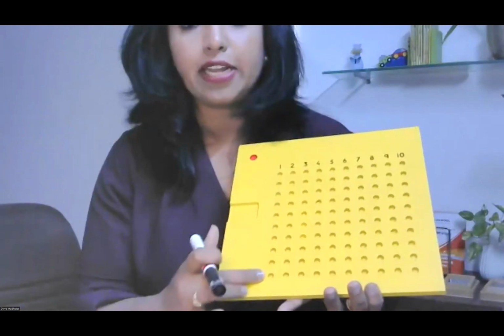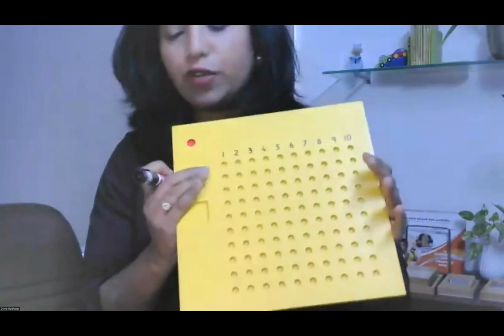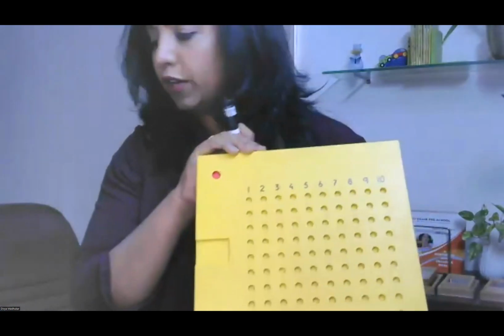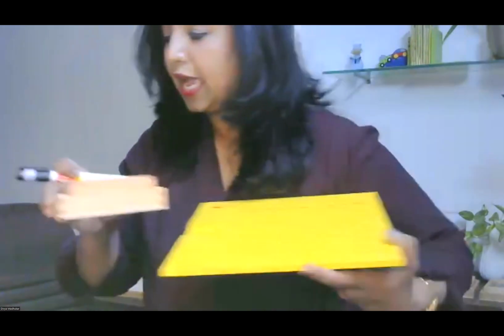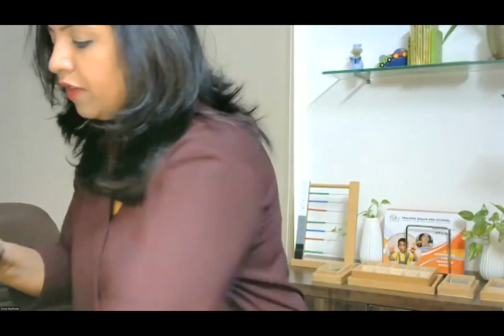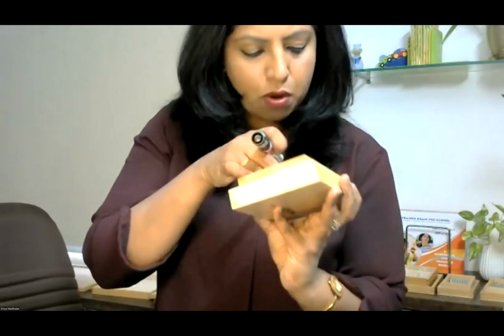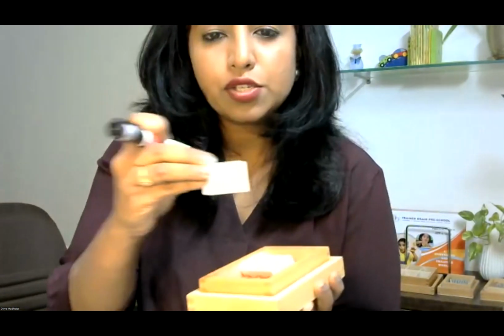These are perforated holes in a mounted board. Along with the board, you will have beads which will be red in color, and you would also have cards right from 1 to 10. Okay, so you will have cards.